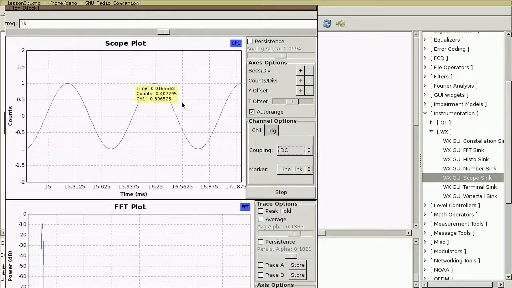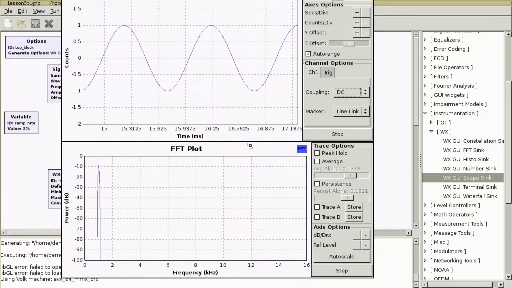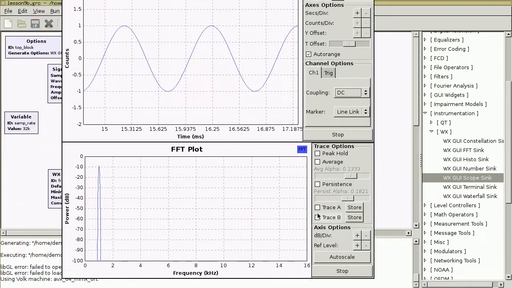First thing you'll notice is that the scope plot only shows us one channel. This looks like a true cosine wave, not a complex exponential. Now the other thing you may notice is this FFT sink. It looks similar in that it shows us a spike at 1 kilohertz, but notice that 0 hertz is now on the left. It only extends from 0 hertz to 16 kilohertz.